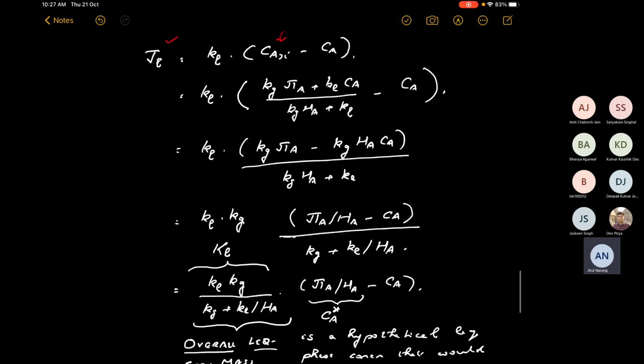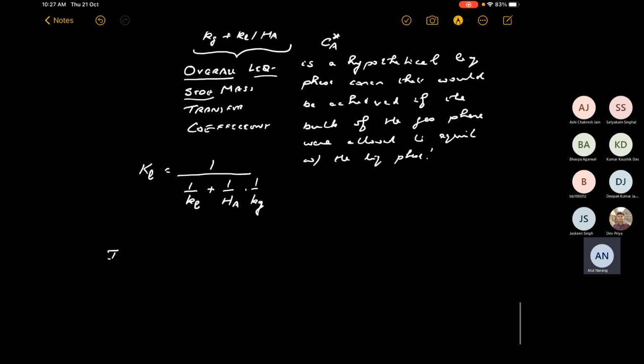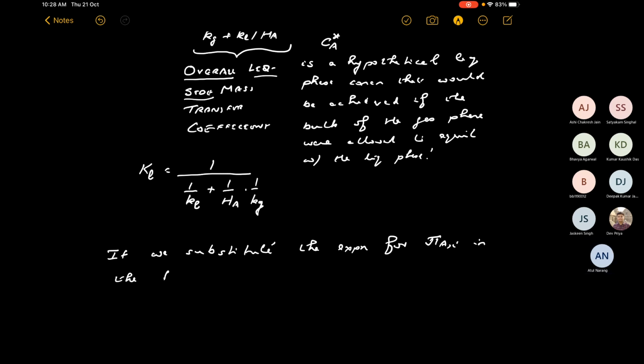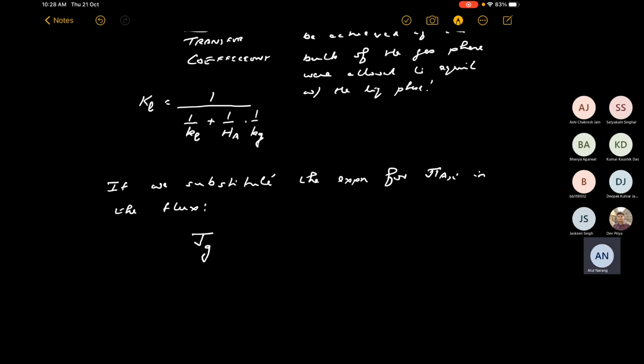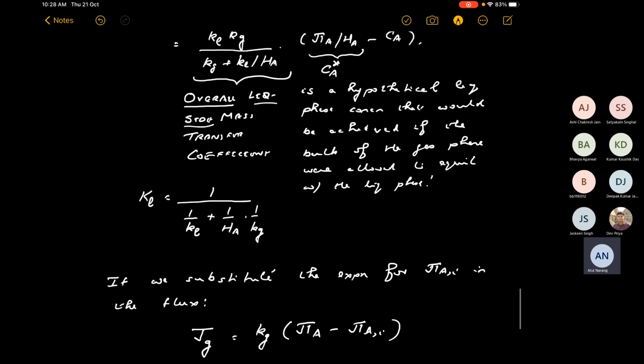Now, I'll just repeat it. If we substitute, this is just doing the same thing in parallel. In the flux, Jg was written as kg multiplied by pA minus pAi.